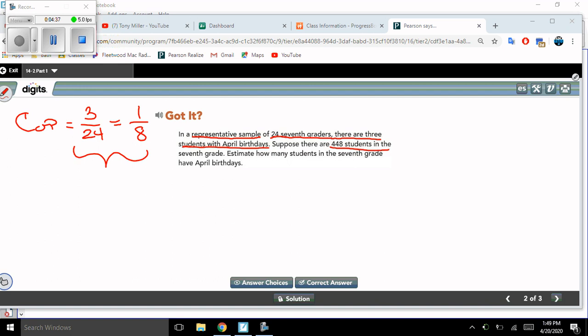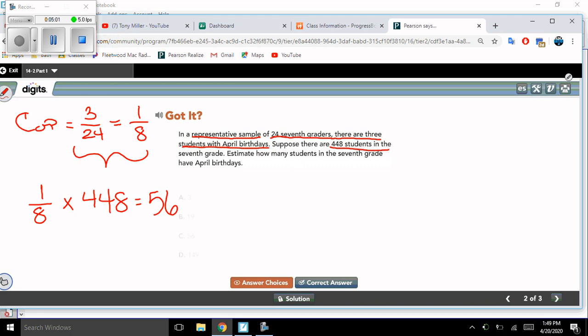So if I simply said, hey, I'm going to take my COP and multiply it by 448, the result should be my answer. So when I take 1/8 times 448, I get 56.